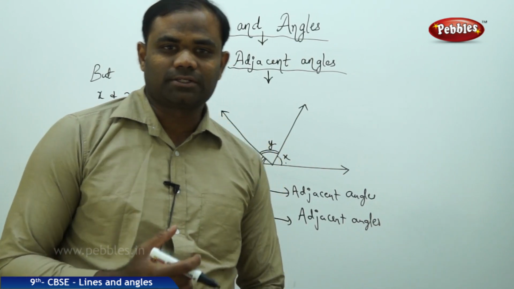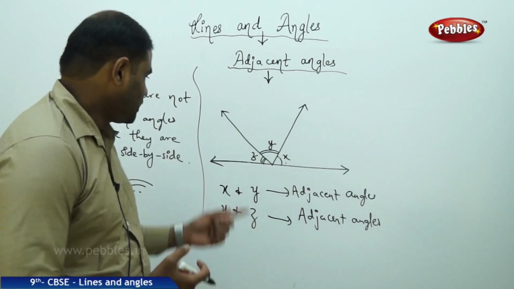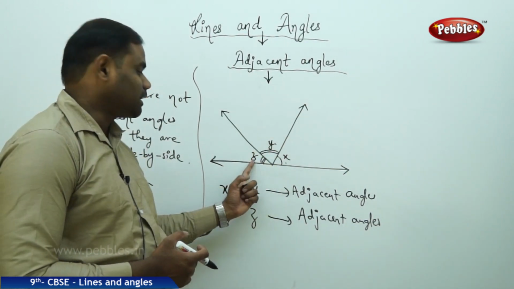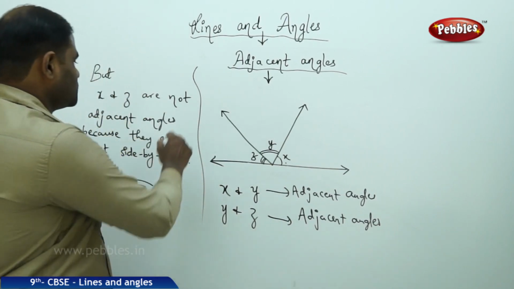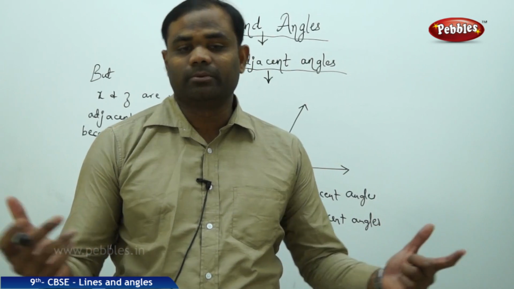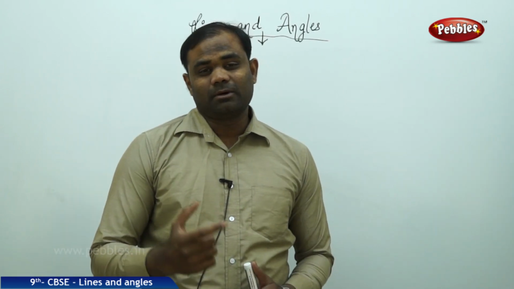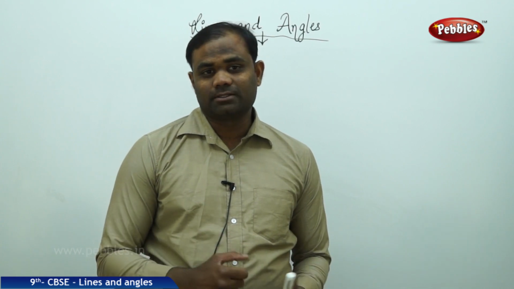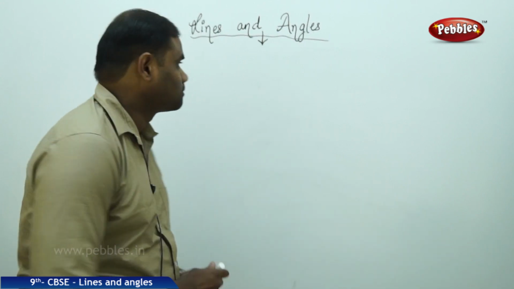Two angles are adjacent if they are beside or side by side. XY adjacent, YZ adjacent, XZ not adjacent is how I understand adjacent angles in plane geometry. Next is about linear pair of angles. Let's see what linear pairs of angles are.